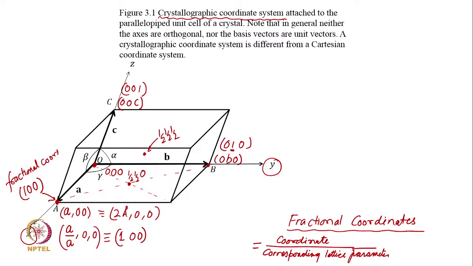Oh, the angles are some 39.6 and 122.9, so I have to calculate the coordinates of the body center. No, crystallographers have made your life simple. Irrespective of the unit cell shape, the body center has to be half, half, half. So, that is the crystal coordinate system for you. Very nice system developed by crystallographers.